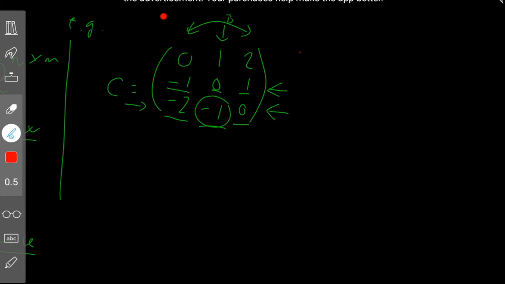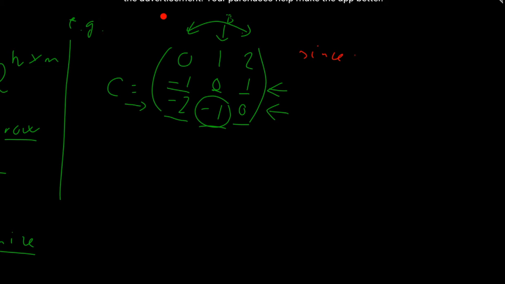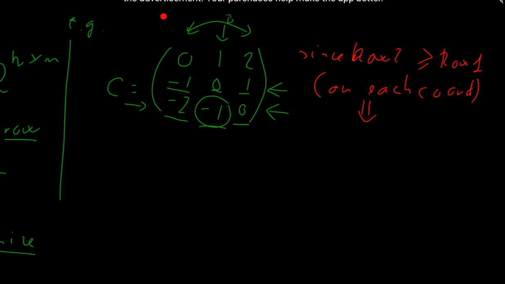Since row 2 is larger than row 3, and here larger means on each coordinate, A should not pick row 3.